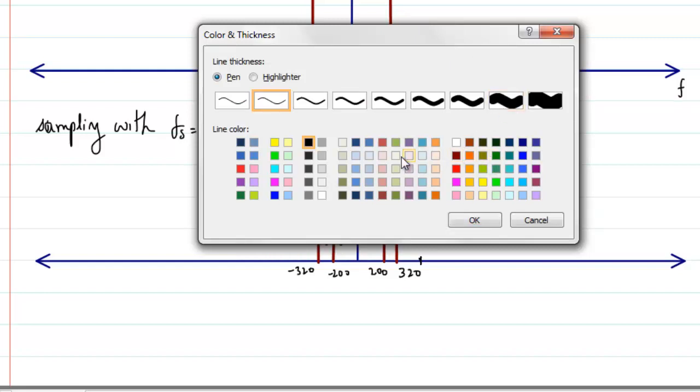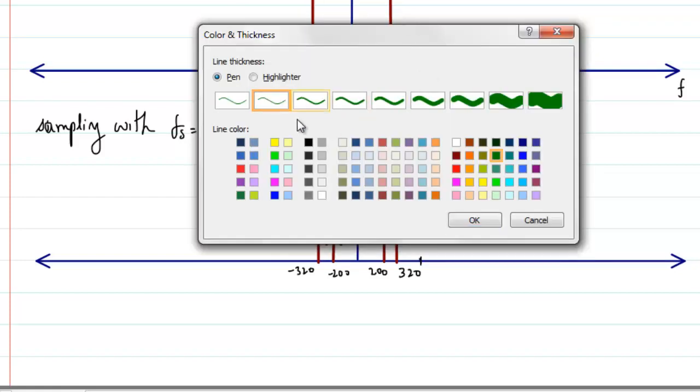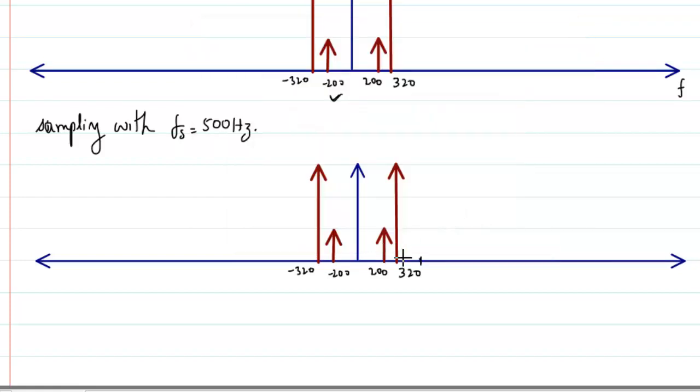So I will now use a different color because now it's going to overlap. So now I am going to draw, let me reduce the size also. Okay, so at 200, because this is at 250, 320, I have to draw it here. Okay, I have to draw it here.